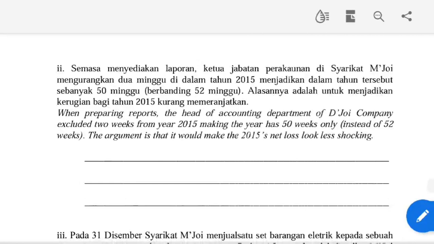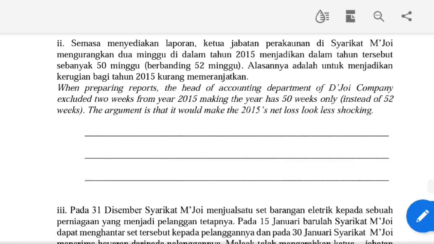Okay, see the second scenario. When preparing reports, the head of the accounting department of D-Joy Company excluded 2 weeks from year 2015, making the year have 50 weeks only instead of, I think, 52 weeks.